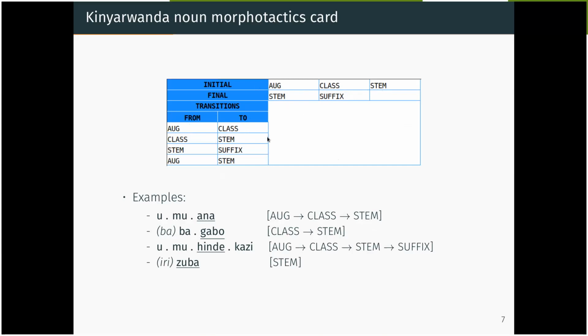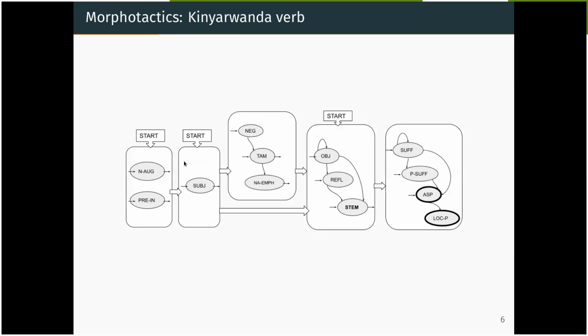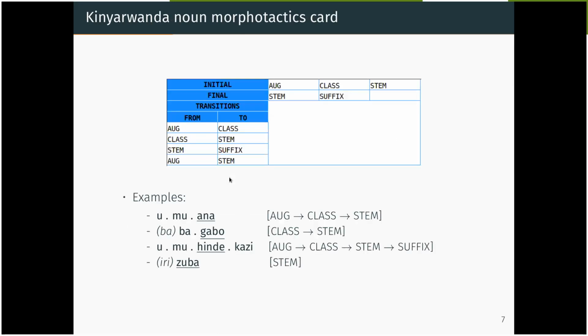So basically we are saving the starting state, the end state, and the transitions. When you have a card like this, you can exactly form a graph model like this one. When you're doing the analysis, you go through this and you will know exactly which words are allowed and which ones are not allowed.